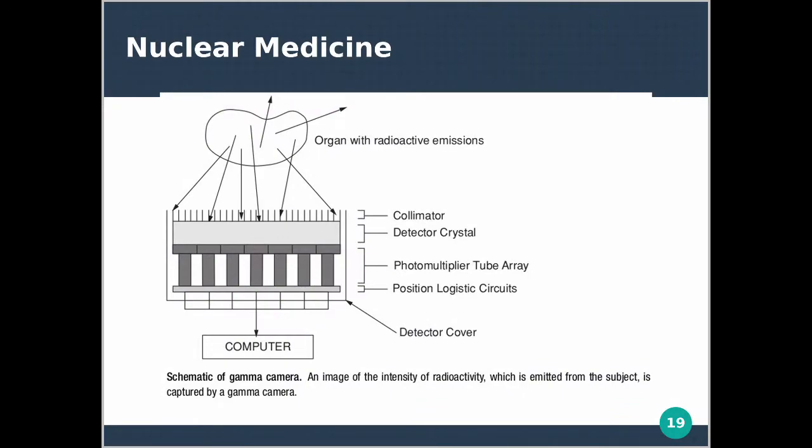So in nuclear medicine, the radioactive molecule is ingested. You take it as a pill, or it can be injected directly into your bloodstream, or you inhale it, depending on what organ you are looking at.